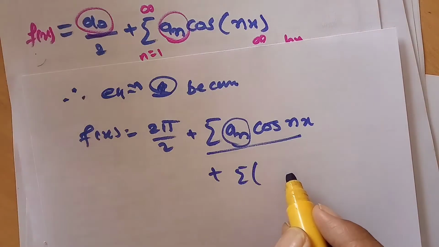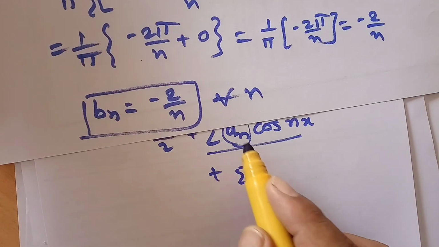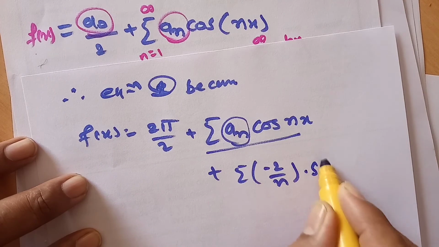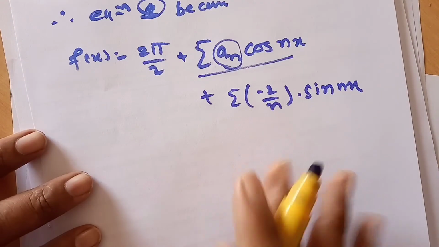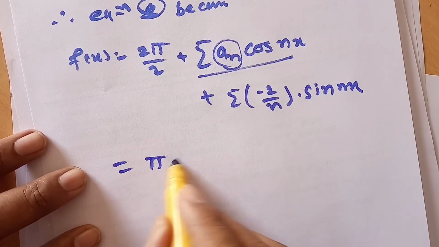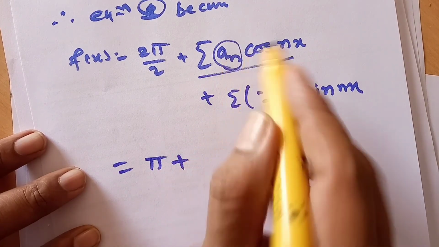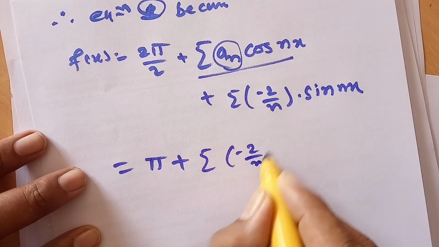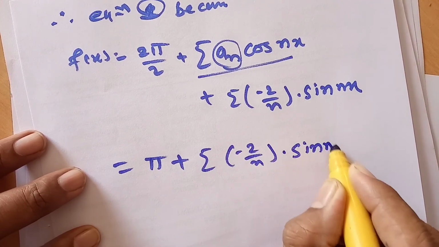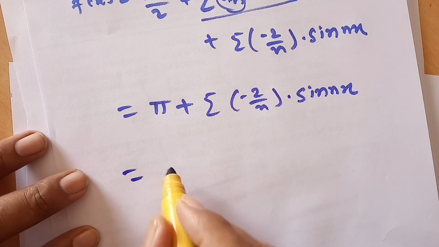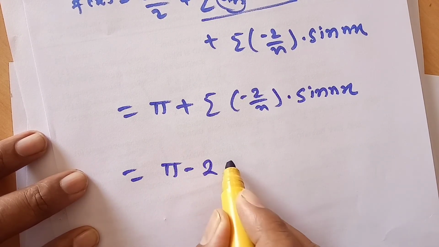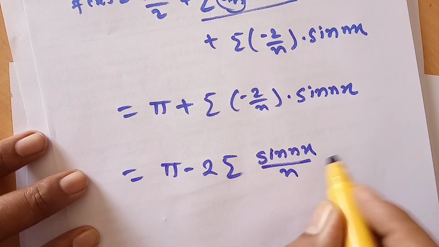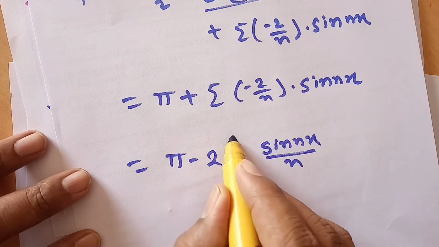What about bn? bn is minus 2 divided by n, into sine of nx. I will rewrite this as pi, plus this total term is 0 because all an are 0, plus summation of minus 2 divided by n into sine of nx, or this is equal to pi minus 2 into summation of sine of nx divided by n, n equal to 1 to infinity.